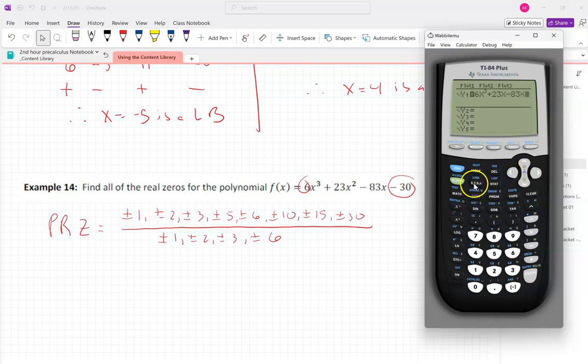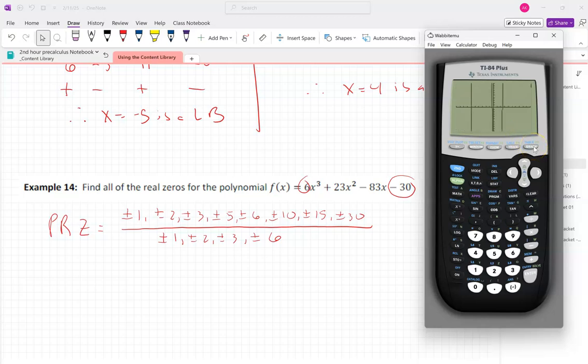It's 83x. Oops, I forgot the squared there too. Great googly moogly. So I'm going to get that in there, and then I'm just going to graph this on a normal-ish sized window.